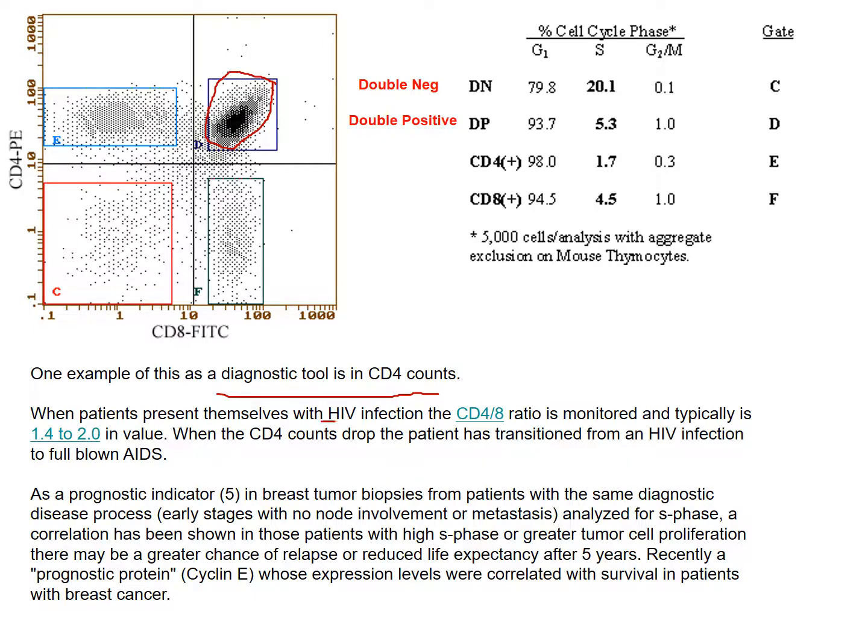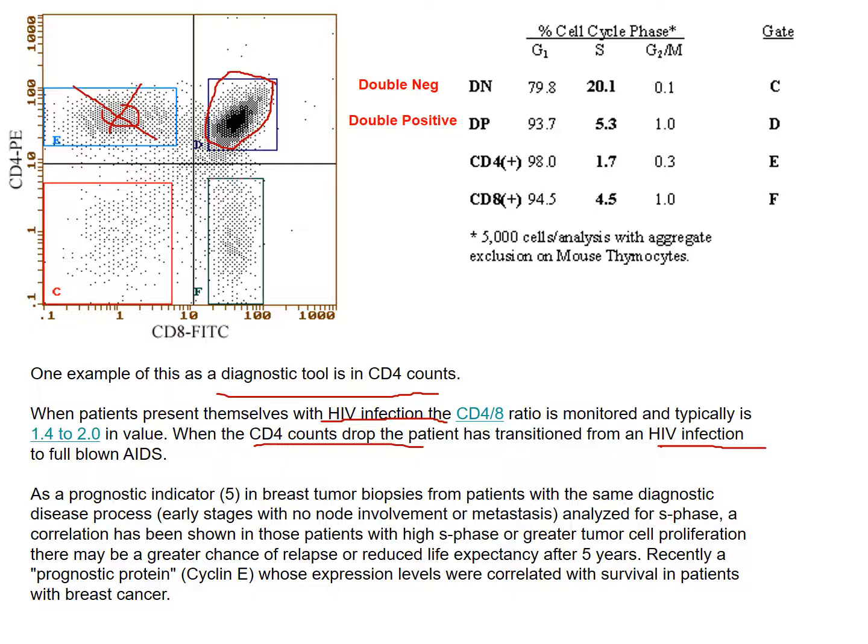Patients that have HIV, the CD4 to CD8 ratio is monitored, and it should be 1.4 to 2. When the CD4 drops, so that means there would be very few of these cells, then you would have an indication of full-blown HIV. So it's a diagnostic tool here.